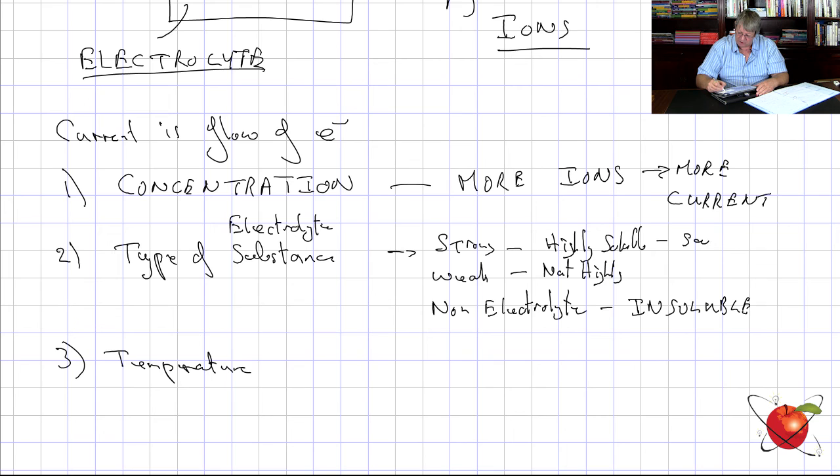Strong is, for example, salt, sodium chloride, potassium nitrate, KNO3. Weak is, for example, acetic acid. Things like acetic acid, vinegar, citric acid, lemon juice, things like that. They're very weak, but they'll just take a few electrons across, not a lot.